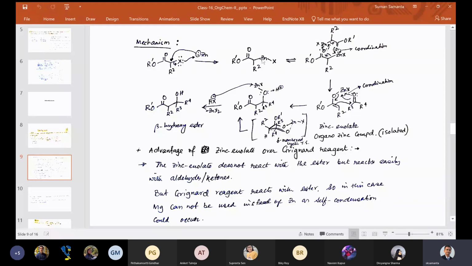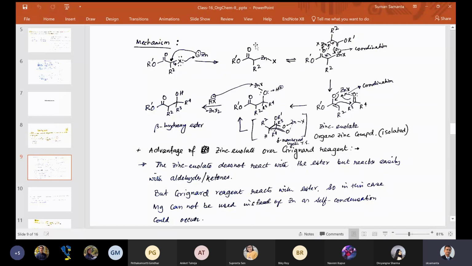But now that it has reacted with zinc, zinc is positive, +1. So this carbon center is now delta negative. This delta positive to delta negative change, what is this phenomenon? Umpolung. Yes, exactly. So here also you have reversal of polarity after reaction with your zinc dust, and that is why this is also an example of umpolung.